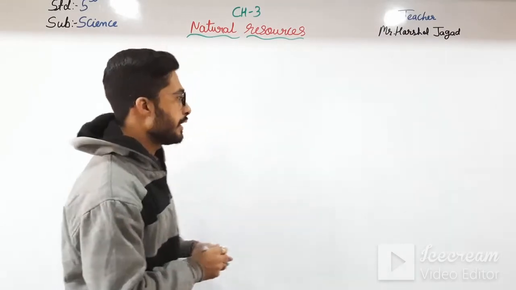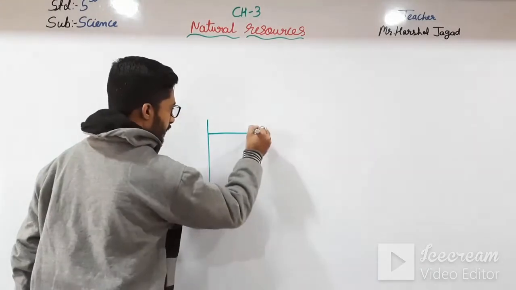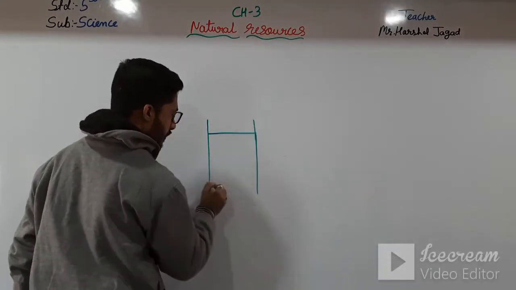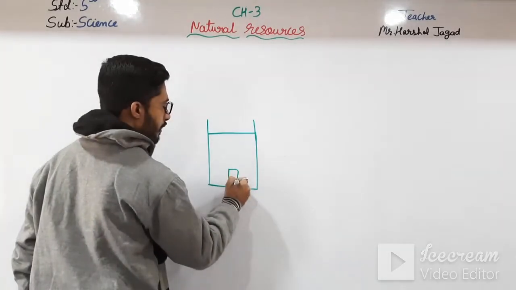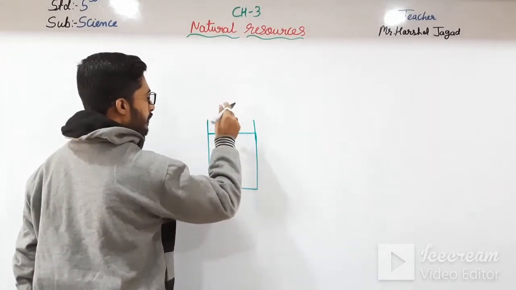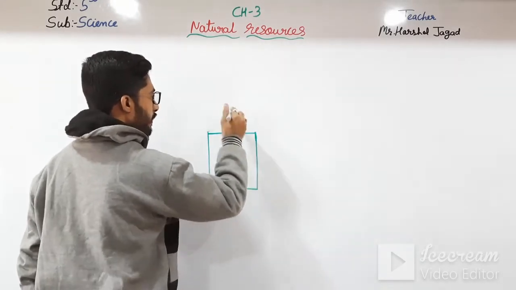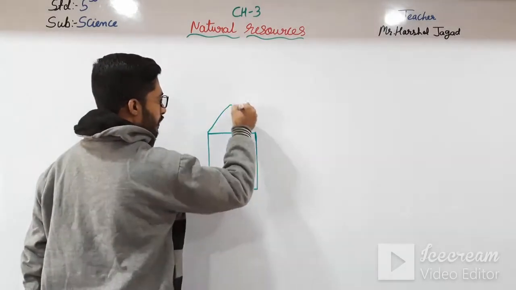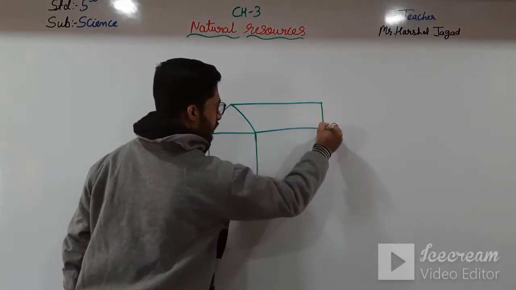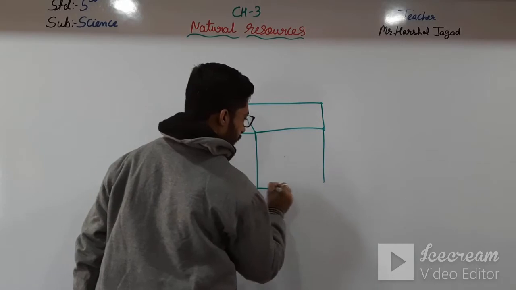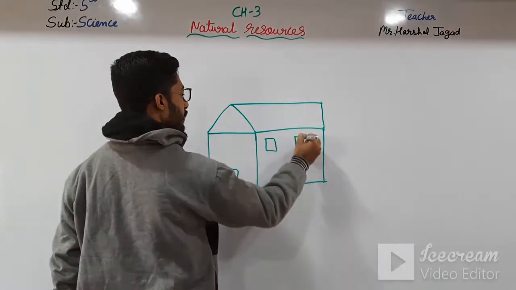In that, if I say this is the terrace of the house, here is a gate, this is our home, and here are some of the windows.